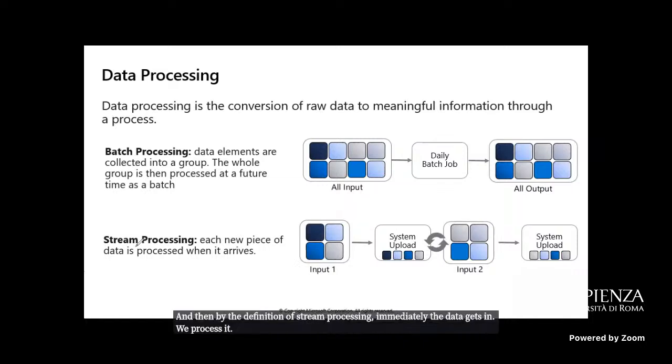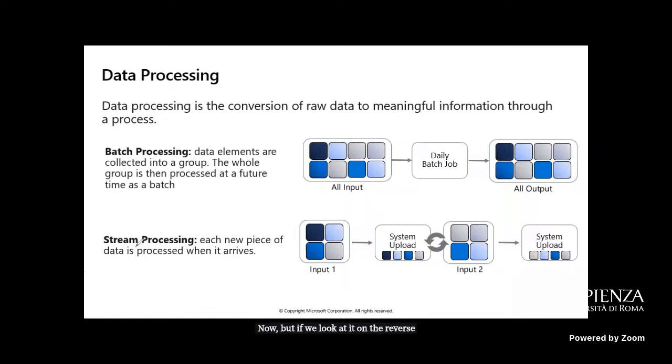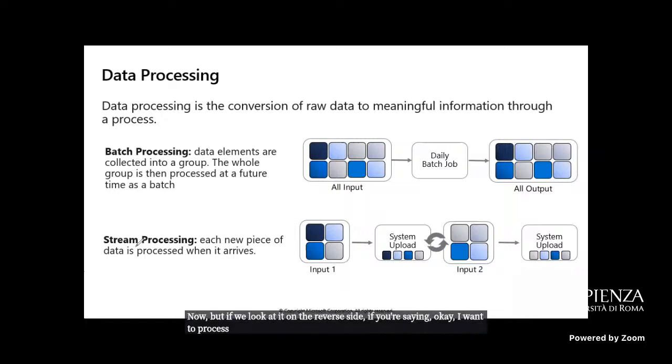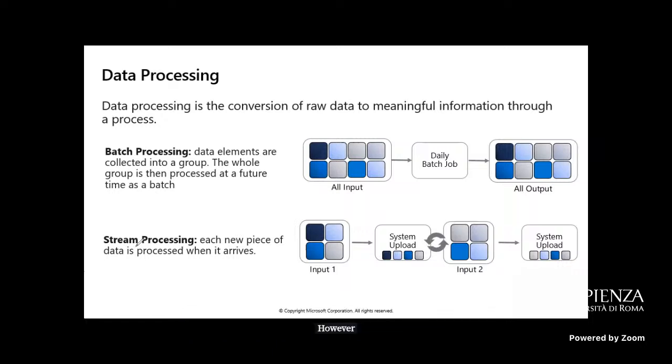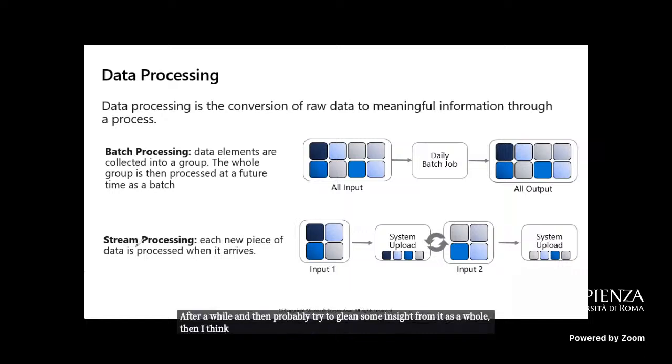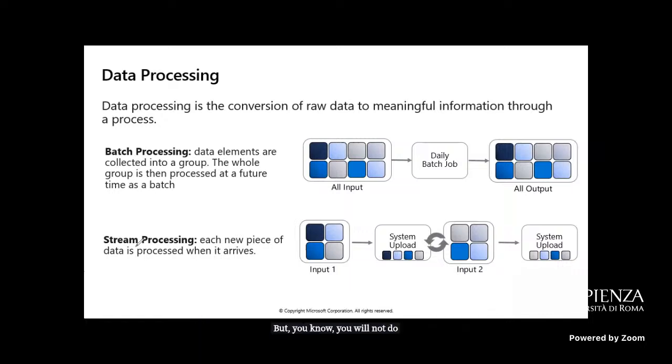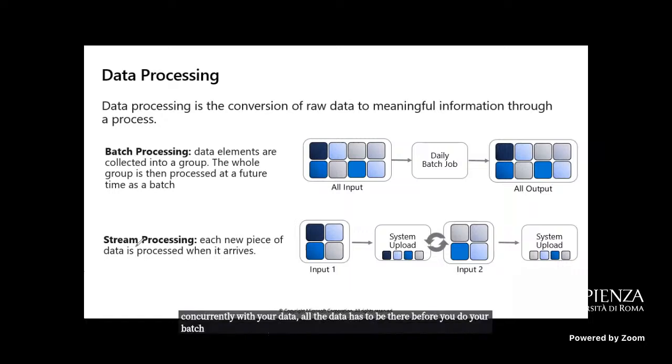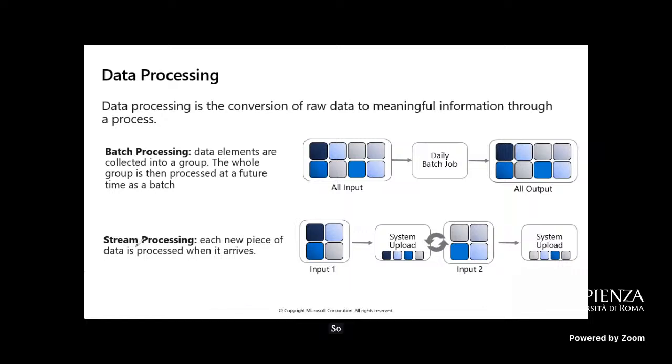Now, on the reverse side, if you say, I want to process data immediately it gets in, however I want to take all the data I have gotten after a while and glean some insight from it as a whole, then I think it still falls back to you doing batch and stream processing. But you will not do batch processing concurrently with your data. All the data has to be there before you do your batch processing. But for stream processing, immediately the data gets in, you are processing it. So I hope I answered your question correctly.